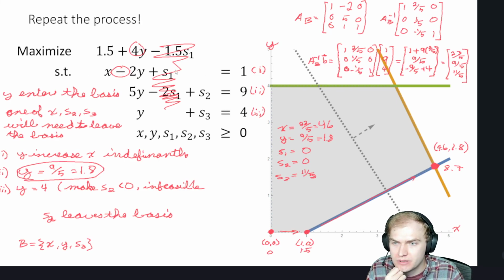So increasing x1 increases x, or decreases x, by 1, and increases y by 5/2, so 5/2 times 5/2 minus 1.5 times 1, so 5/2.